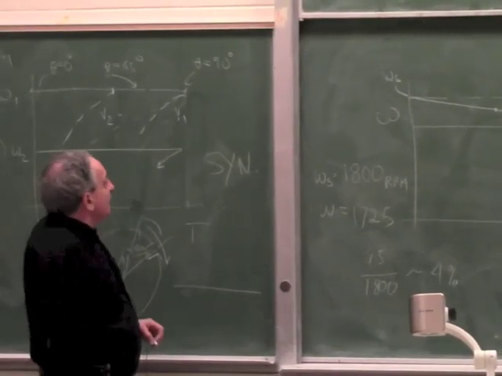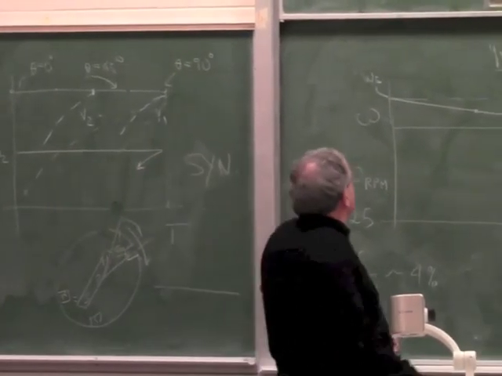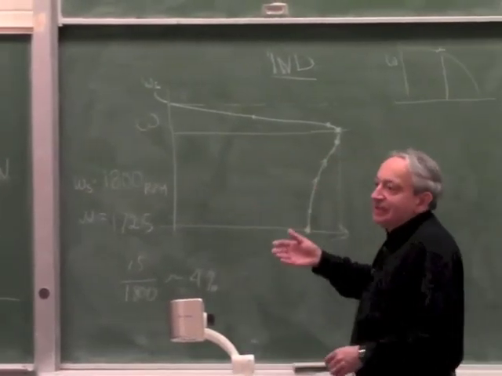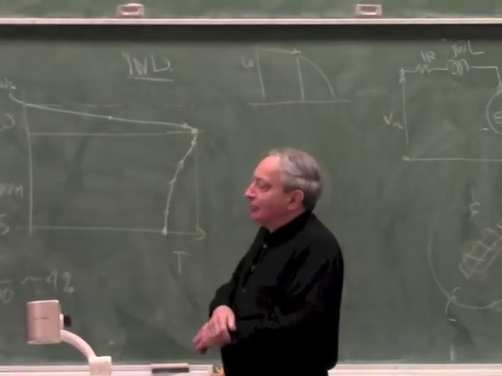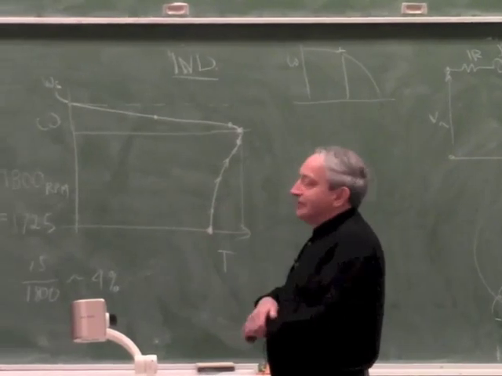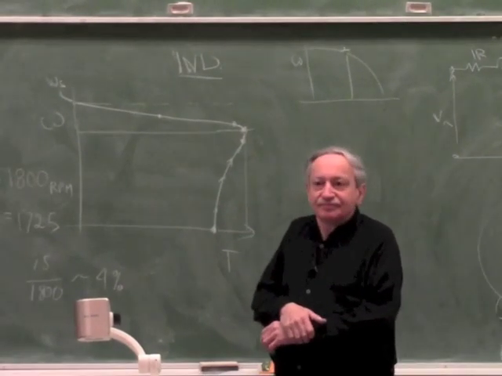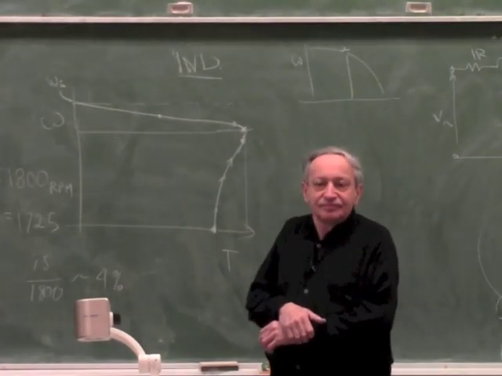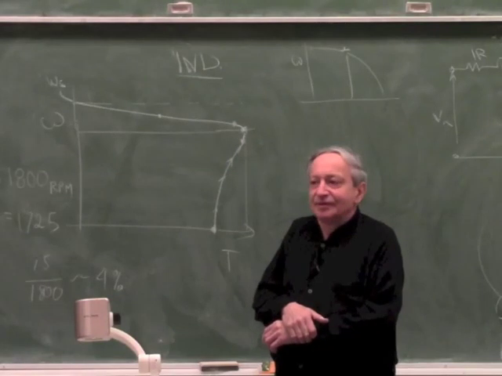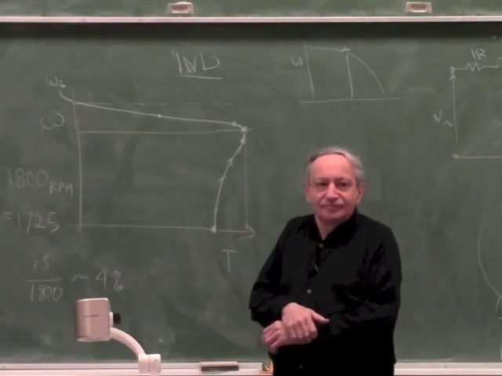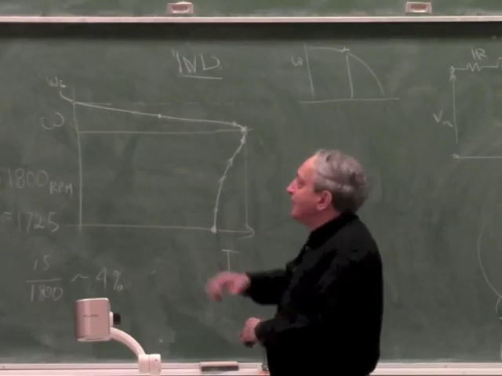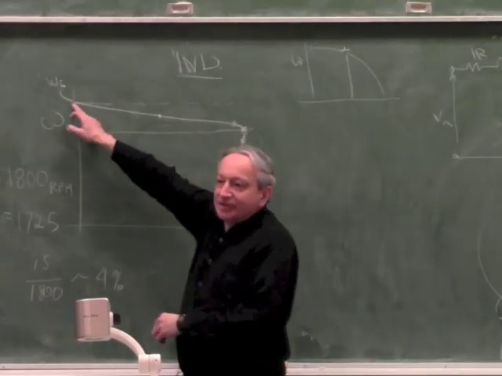So what happens here if we lower the voltage? Let's say you take this motor and give it a lower voltage, what will happen to this curve? Will it start from the same point at a lower voltage?